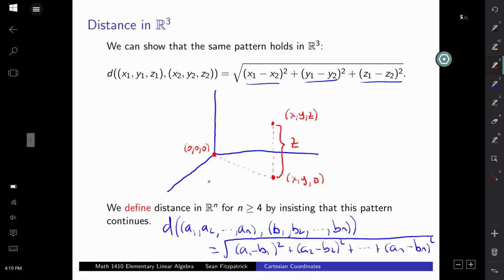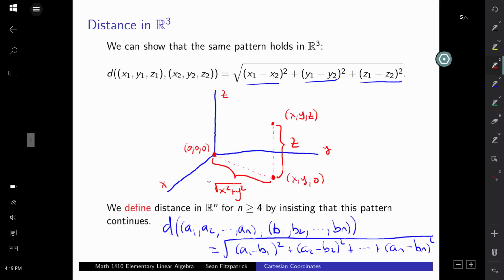Now, this distance here, we can think of that distance as being measured in the xy plane, right? x, y, z, those are our coordinates. And so we can use the distance formula from the previous slide for distance in R2. We can think of this xy plane as a copy of R2. And so this distance should simply be the square root of x squared plus y squared.